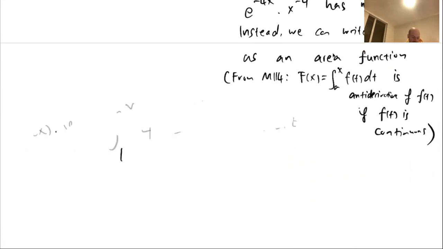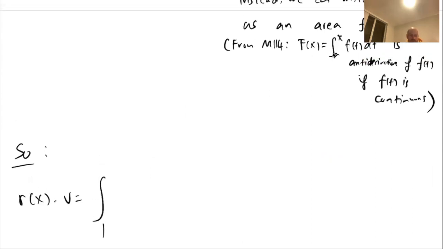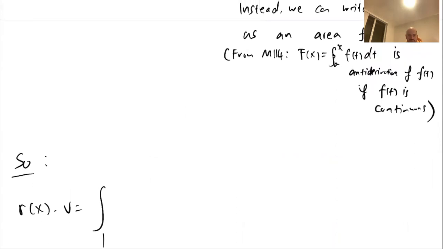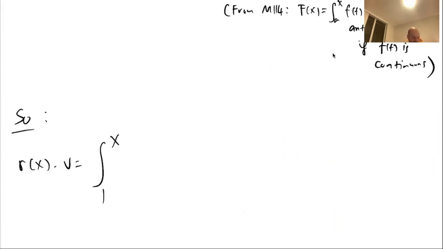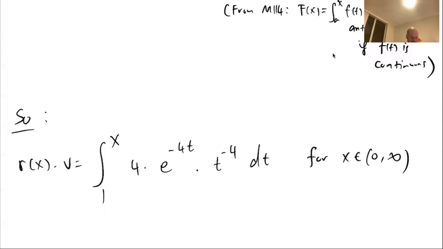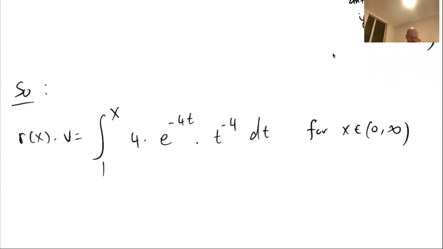So let me write it again: r(x) times v equals the integral from 1 to x of e to the power minus 4t, t to the power minus 4 dt, for x in 0 to infinity. I'm choosing my a to be 1 because the initial condition was given at 1. Why 0 to infinity?